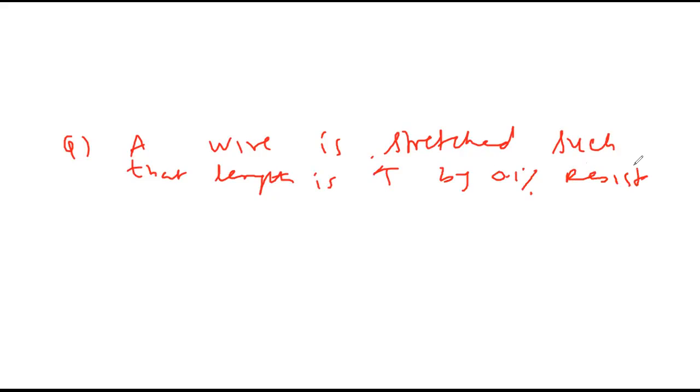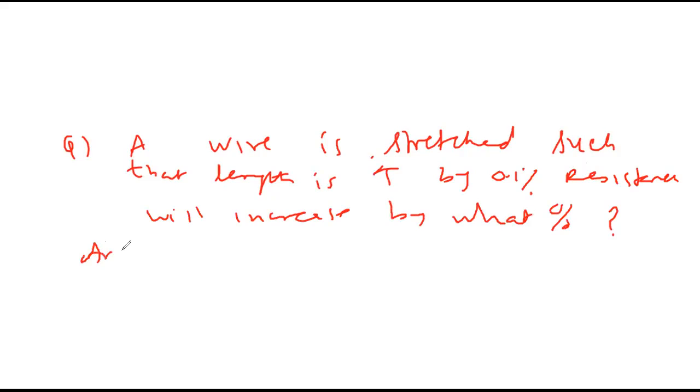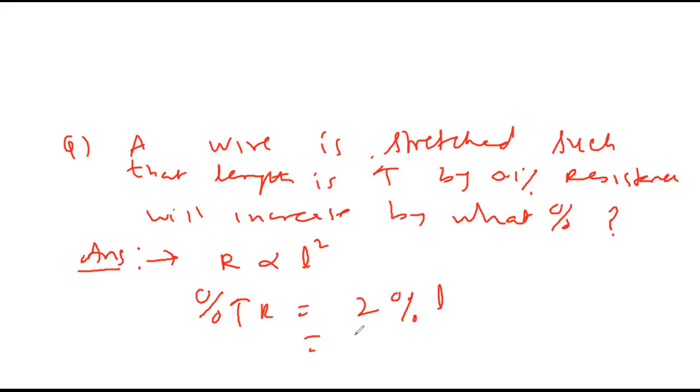So resistance will increase by what percent? So 0.2. Yes, 0.2. This time R is proportional to L square, so the percentage increase in R is 2 times the percentage increase in L. So 2 into 0.1, 0.2%.